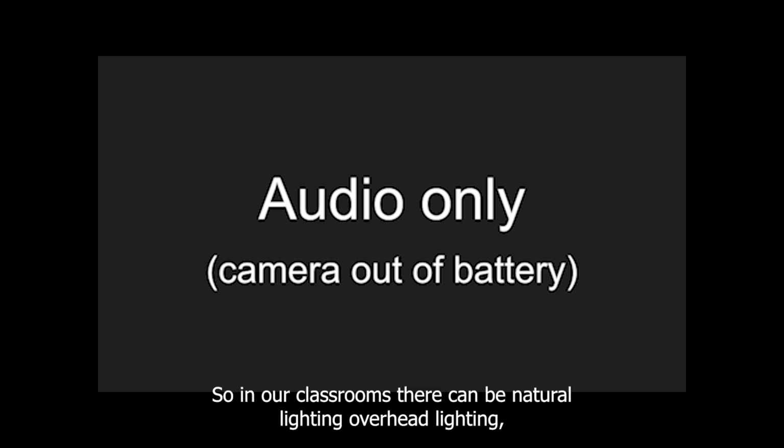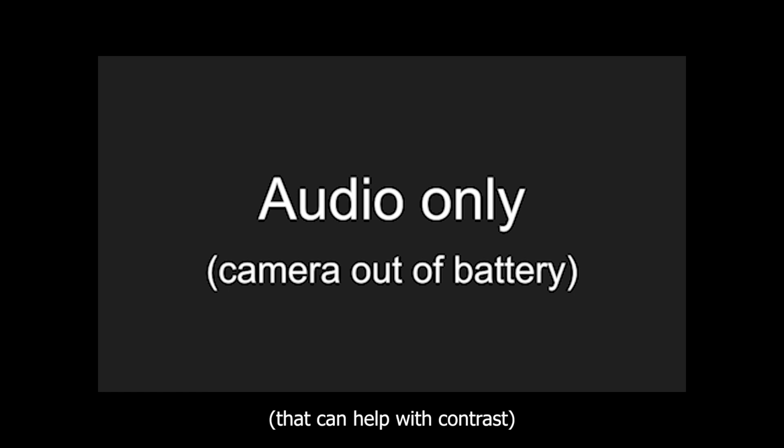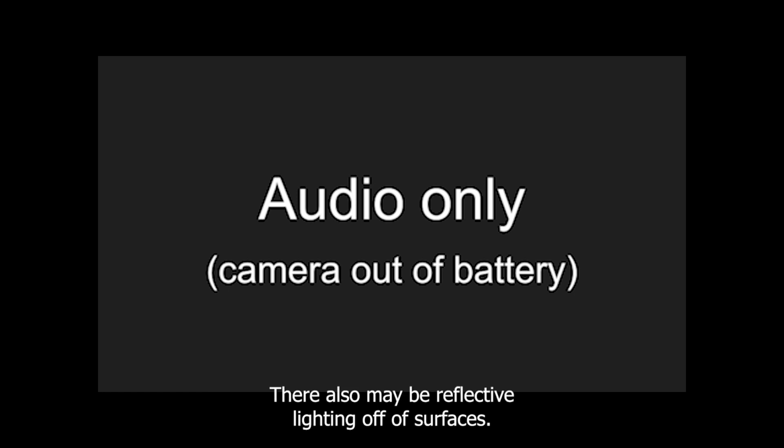So in our classrooms, there can be natural lighting, overhead lighting. A student may need a lamp on their desk to add additional lighting, because that can help with contrast. There also may be reflective lighting off of surfaces.